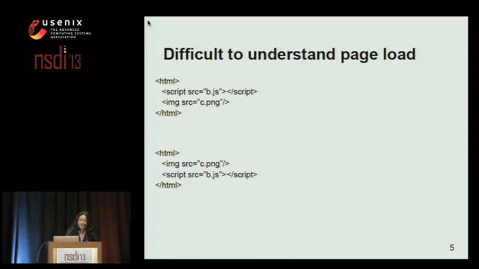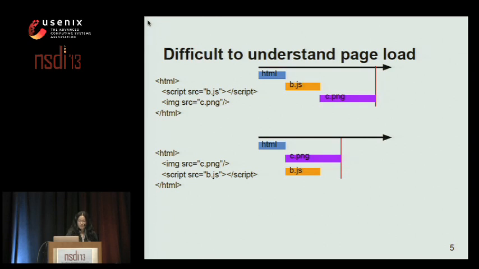So why? Now we look at the timings of loading the objects on the pages. For the first page, we can see that loading this CSS waits until the JavaScript is loaded. The reason is that loading JavaScript blocks HTML parsing. For the second page, we can see that loading this JavaScript does not need to wait until the image is loaded.